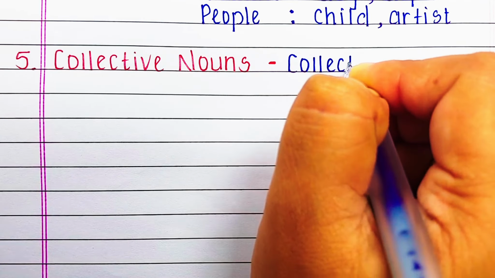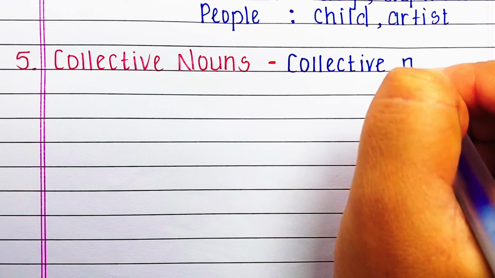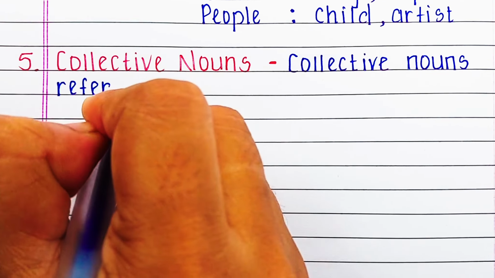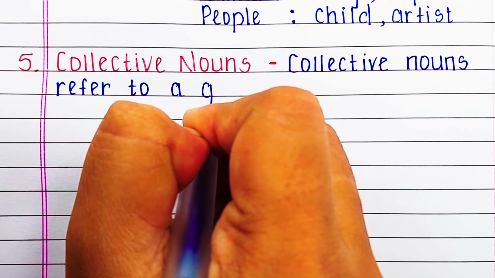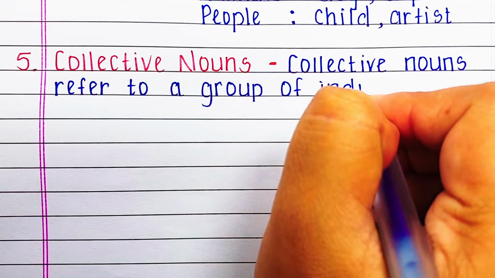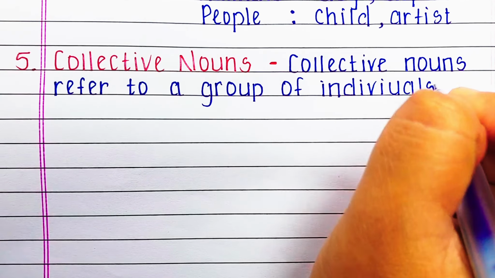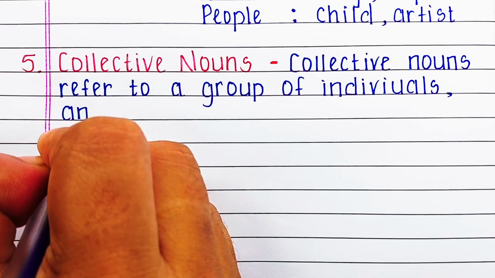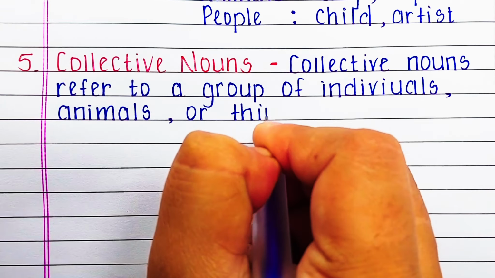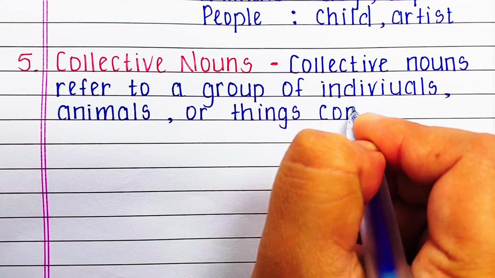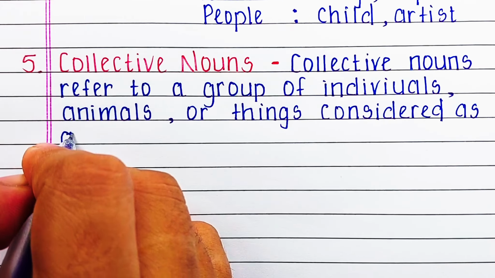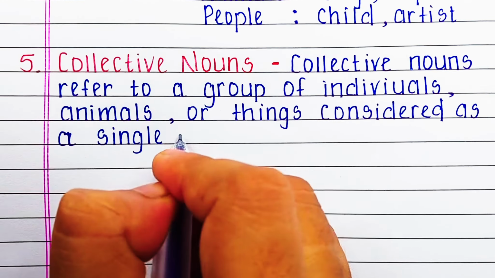The next type of noun in our list is collective nouns. Collective nouns refer to a group of individuals, animals, or things considered as a single unit.